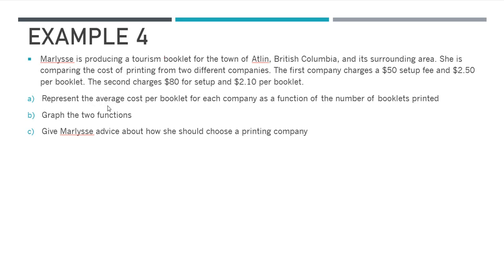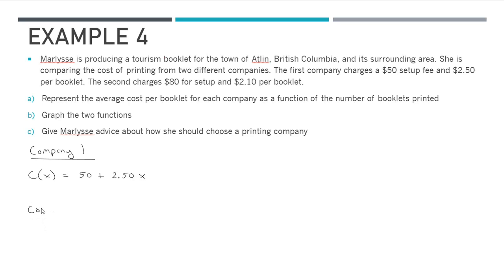So we want to represent the average cost of each booklet. So let's do company 1. It looks like our total cost, and we don't know what that is, so I'll call that C. And the number of booklets I'll say is X, so we'll say C of X. We have an initial setup fee of $50, and we get $2.50 per book.